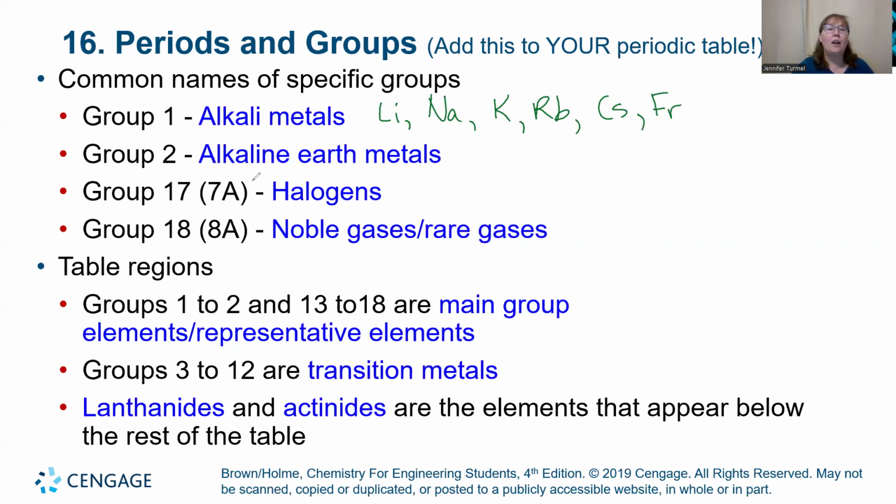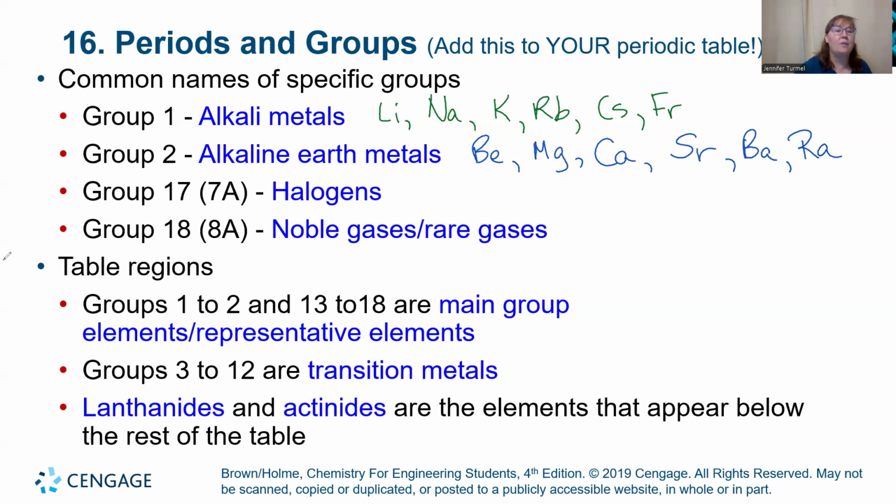Now our alkaline earth metals are column 2, and these are beryllium, magnesium, calcium, strontium, barium, and radium.